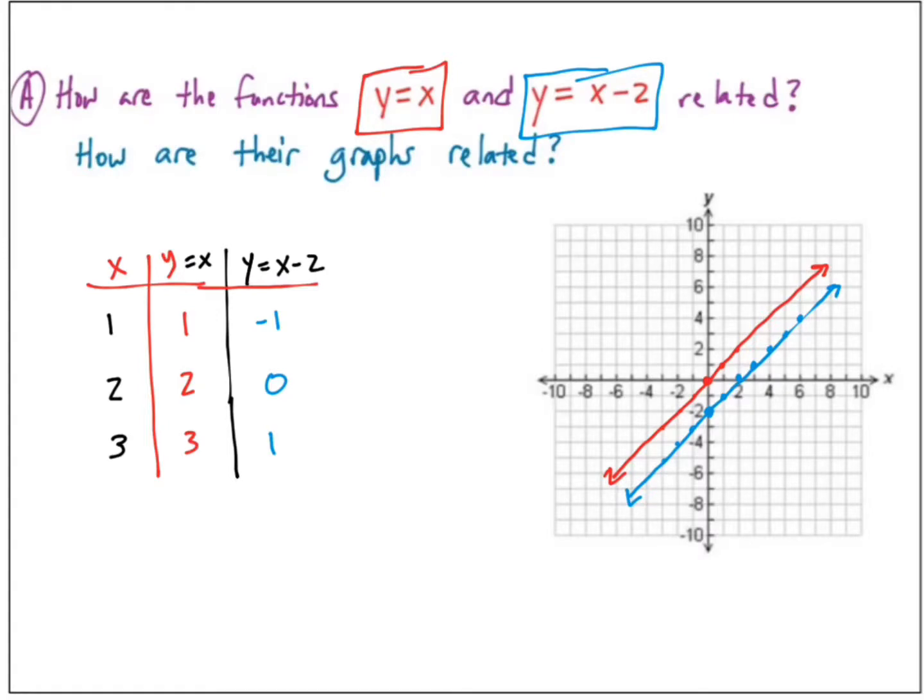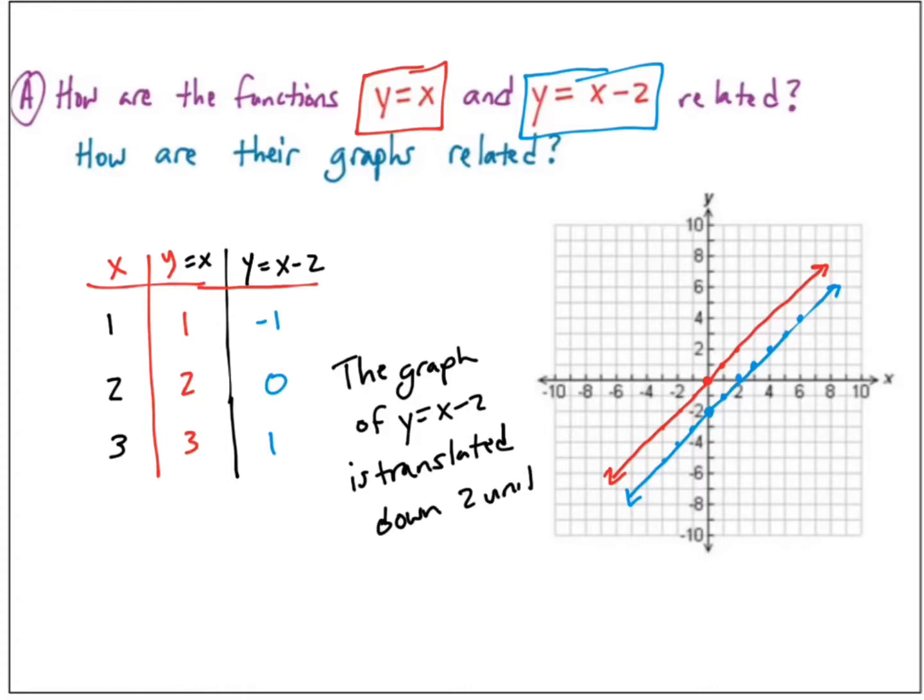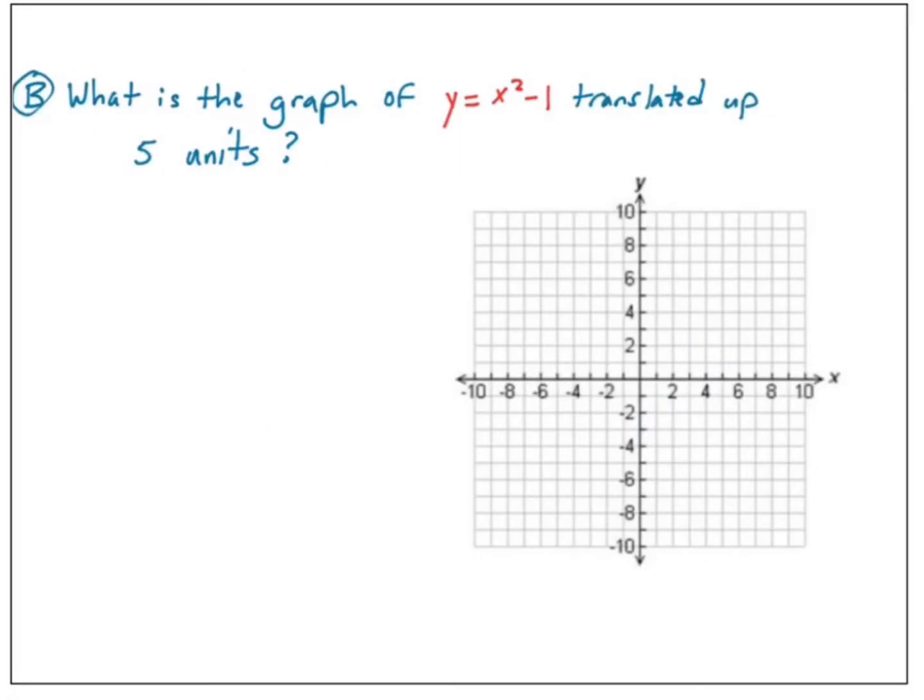We should notice that the graph of y equals x minus 2 is translated down 2 units. Because of the -2 at the end of the equation, our graph for this particular function is translated down 2 units.